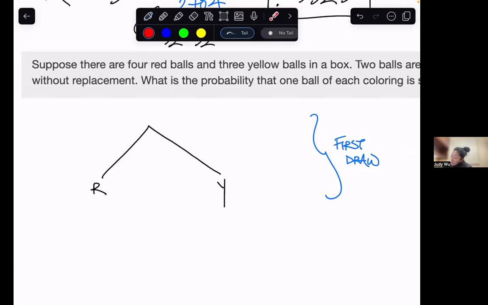Now, I notice there are 4 red balls and 3 yellow balls, which means there's a total of 7 balls in the box. So that means my probability of choosing a red ball is 4 out of 7. So how many out of the total? And then my probability of choosing a yellow ball is 3 out of 7. So it's a little bit lower because there's 1 less yellow ball.